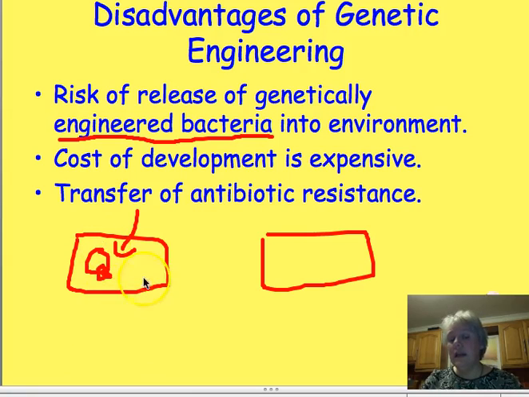So you only get the bacterial cells growing that have got the antibiotic resistance as well. And there's concern that the genetic engineering can transfer that antibiotic resistance to other bacteria that aren't being used in the genetic engineering process.